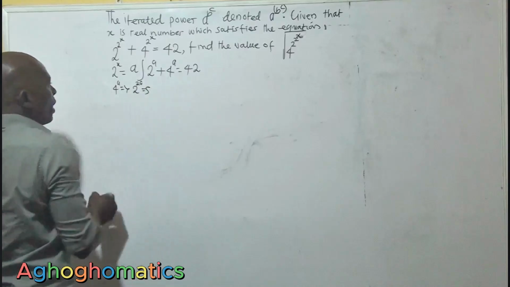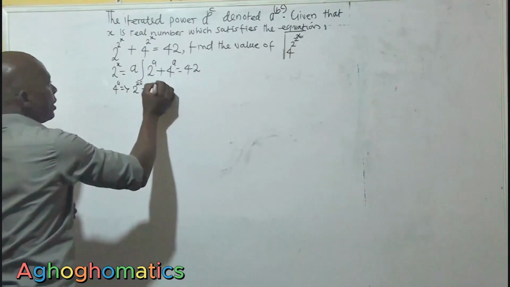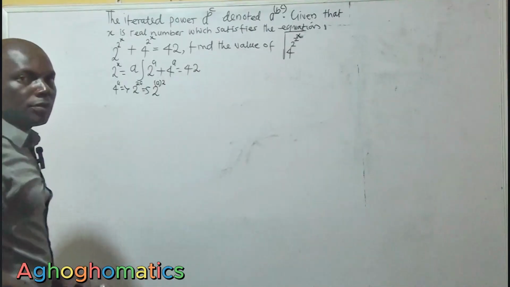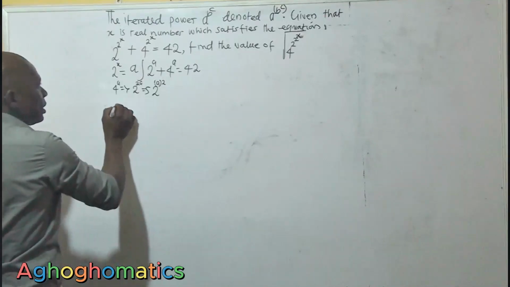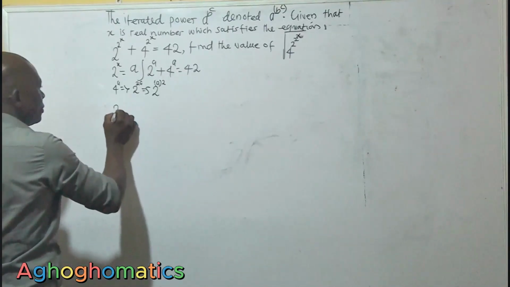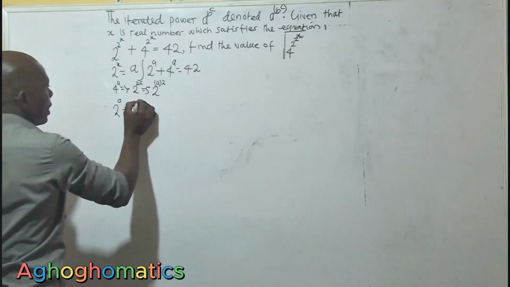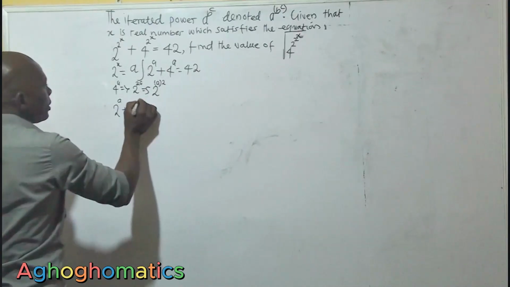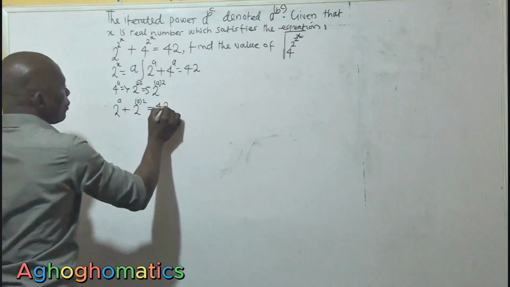We can also simplify that as 2 raised power a, bracket, times 2. Now the whole expression becomes 2 raised power a plus 2 raised power a, bracket 2, equals 42.